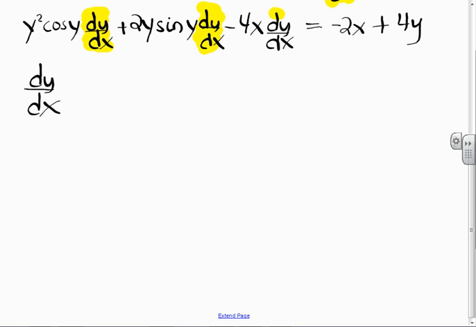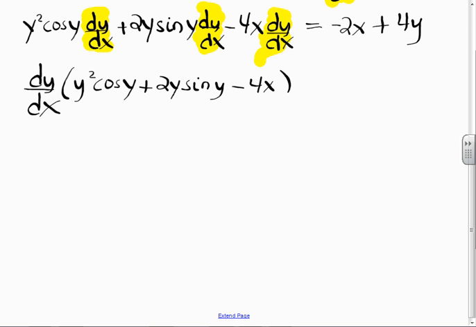I'm undistributing. Yeah, you should be ahead of me. That's great. So I get y squared cosine of y plus 2y sine of y minus 4x equals, I prefer to keep my things positive, but you can leave it minus 2x plus 4y.